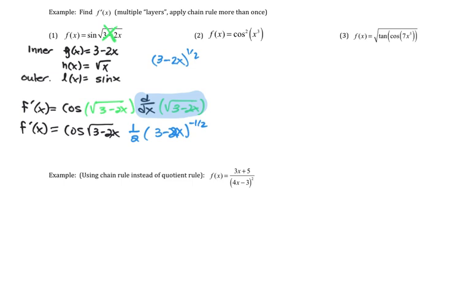We have to multiply by the derivative of what's inside. And so we're going to get, this is negative 2, and that's going to divide out with this 2. So I'm going to get a negative still, negative cosine of radical 3 minus 2x. And then I've got that 3 minus 2x to the negative 1/2, so that's 3 minus 2x down below.